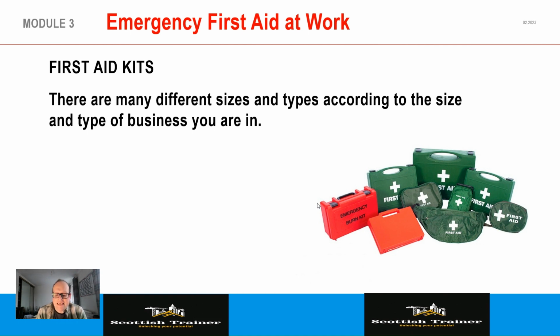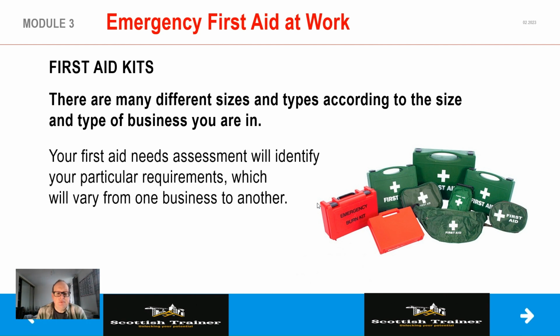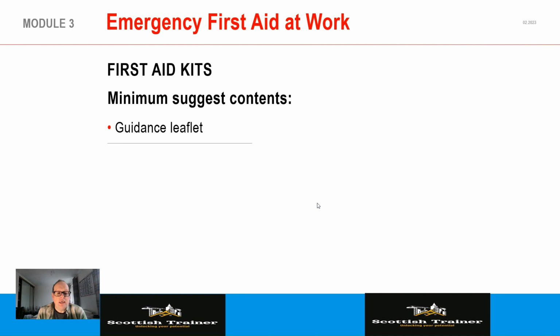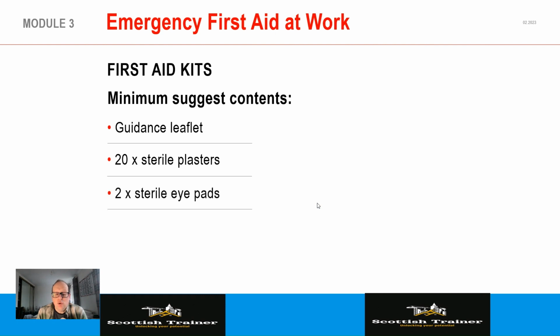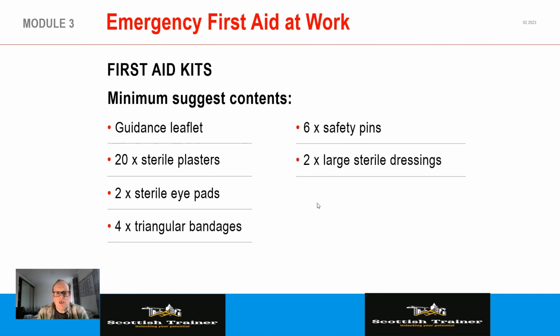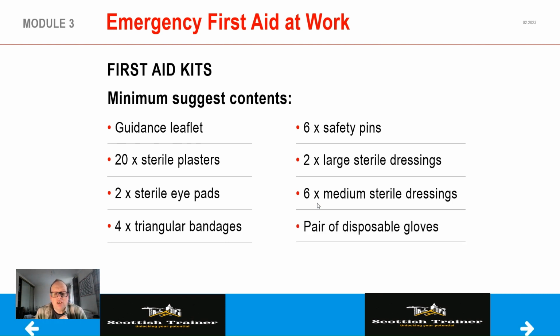But as a basic minimum standard for any first aid kit, once we've assessed the needs, we should have at least a guidance leaflet in there, 20 sterile plasters, 2 sterile eye pads, 4 triangular bandages, safety pins, 2 large sterile dressings, 8 medium sterile dressings, and a pair of disposable gloves.